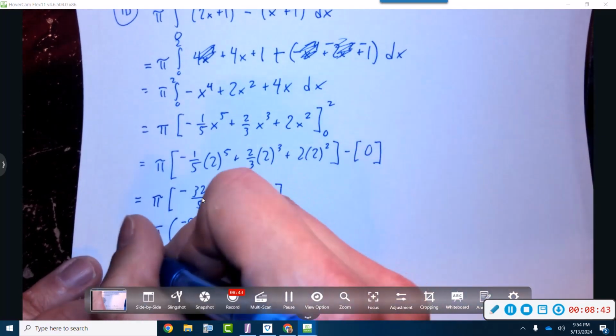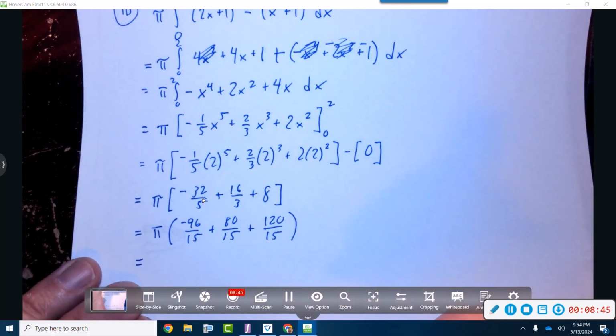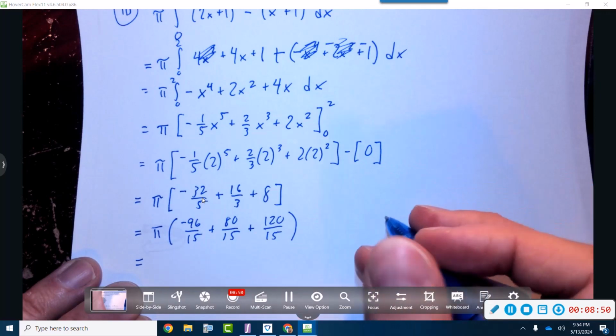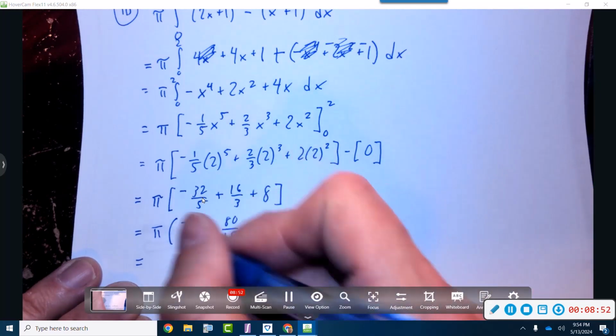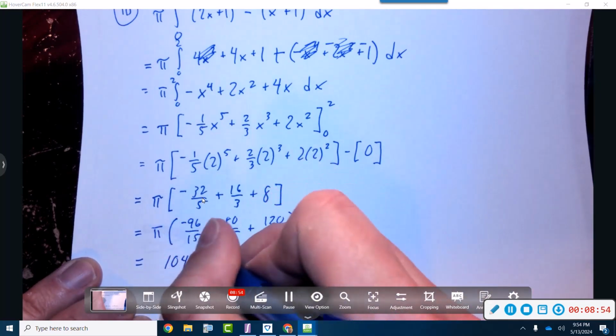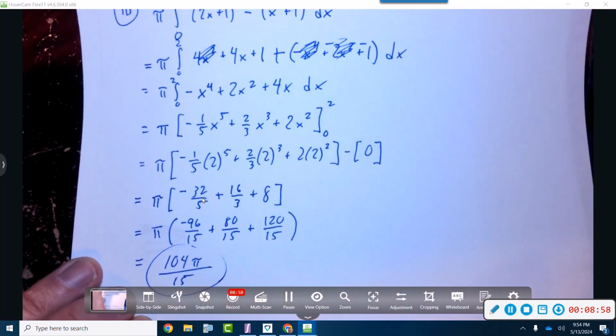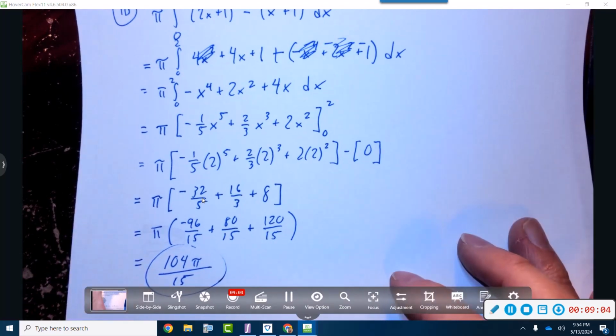Okay, that's a lot easier to add up. And it looks like you get 104. So 104 pi over 15. Okay. That is 13. We got one more.